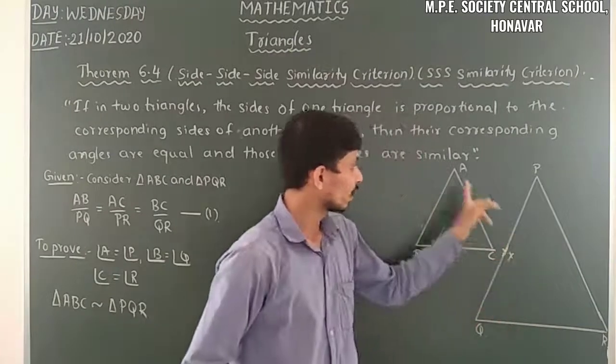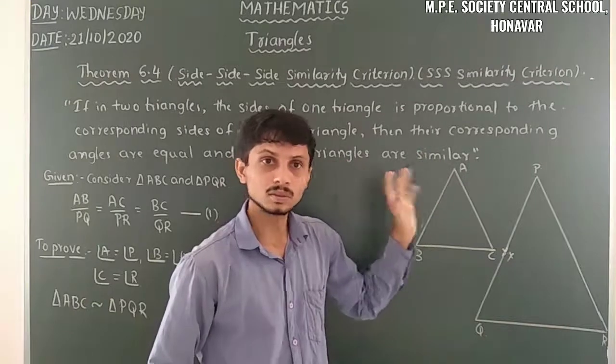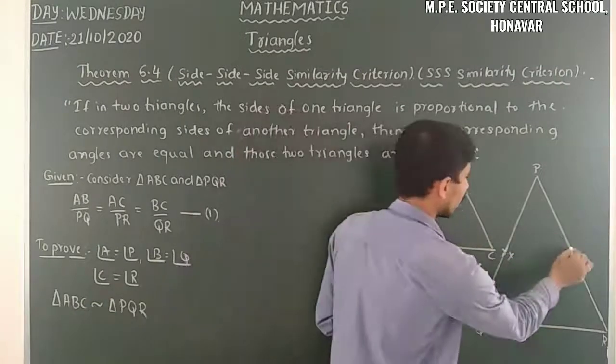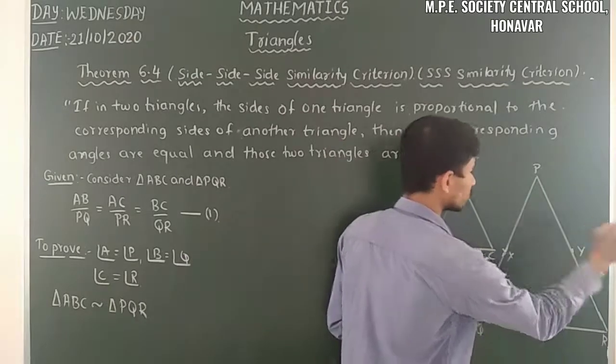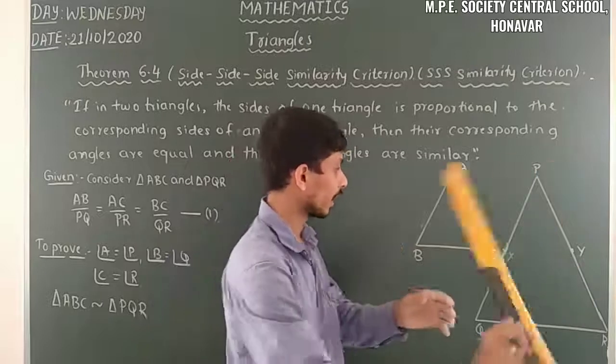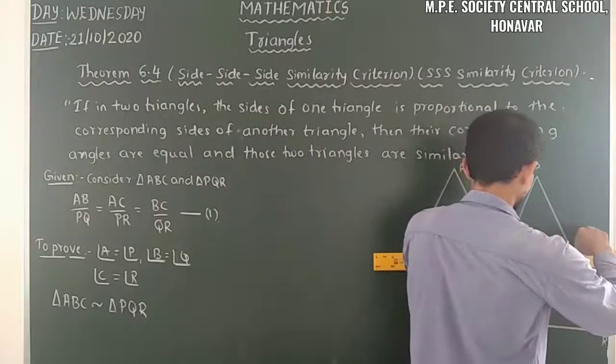Then we also have to cut PR. There we take a point Y, which is equal to AC, and we join XY like this.